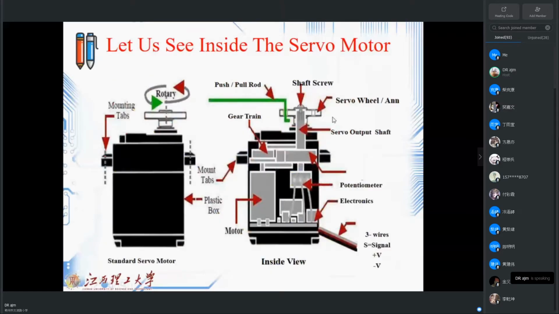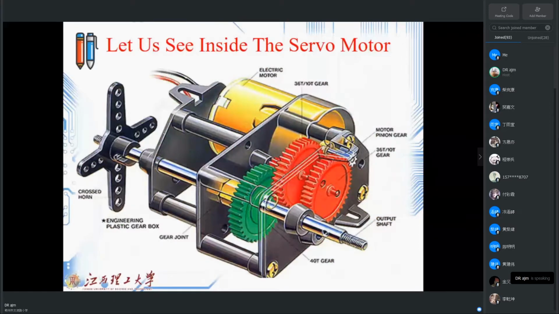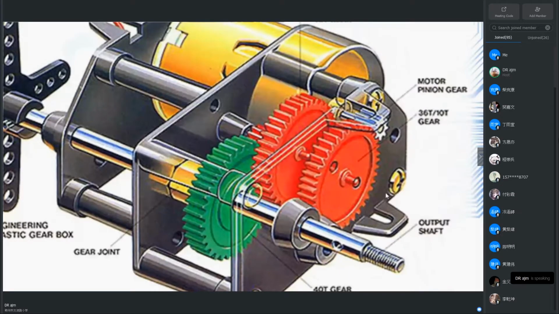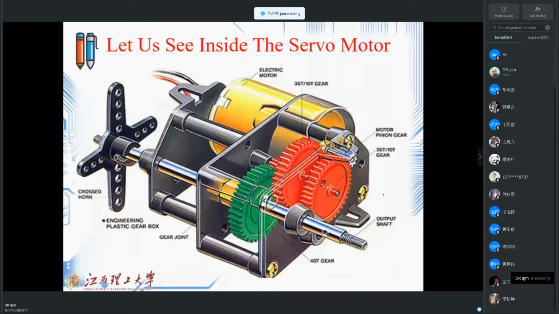Inside of this gear set, we have different types of gears, which can limit and also reduce the speed of our main DC motor. And here we have a cross horn which can be attached to any other object.